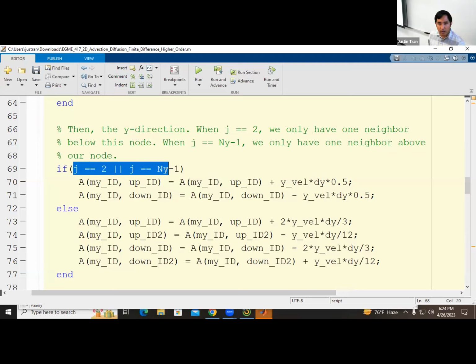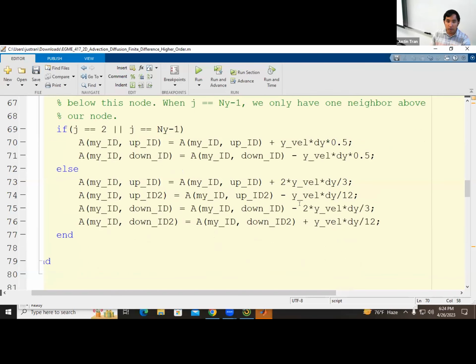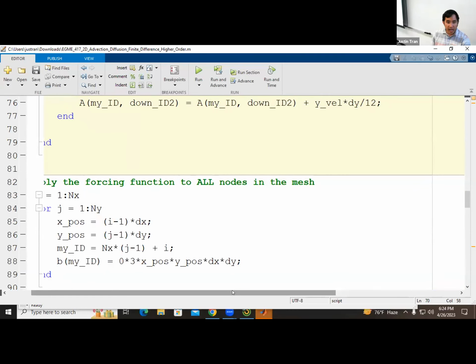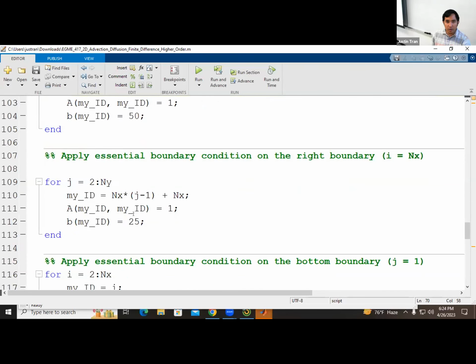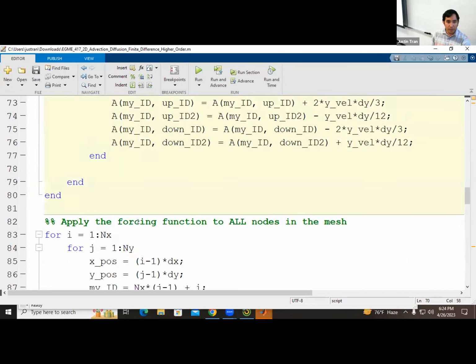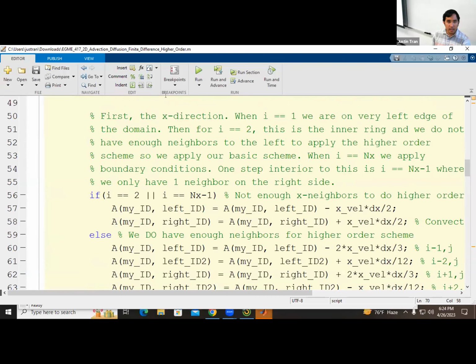So if we only have 1 neighbor below or only 1 neighbor above, let's default to our basic scheme. Okay, so this is our basic central difference. Otherwise, then we can apply our higher order scheme, which is this guy right here. Okay. And then after that is just boundary conditions. So those are all pretty standard, so I'm not going to go over that again. Okay. And so let me go ahead and run this code just so you can see it work.